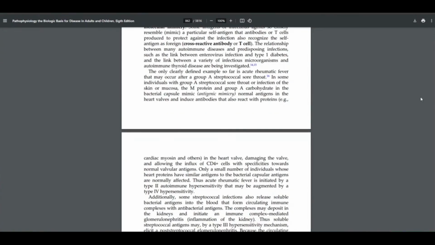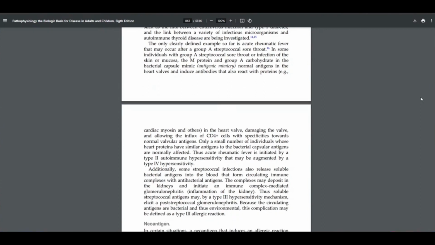The relationship between many autoimmune diseases and predisposing infections, such as a link between enterovirus infection and type 1 diabetes, and the link between a variety of infectious microorganisms and autoimmune thyroid disease, are being investigated.